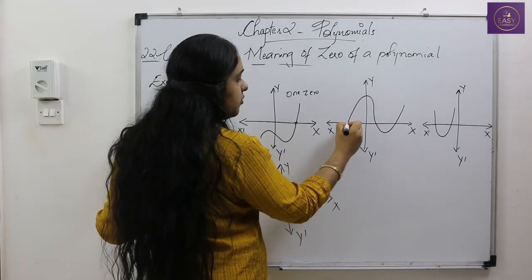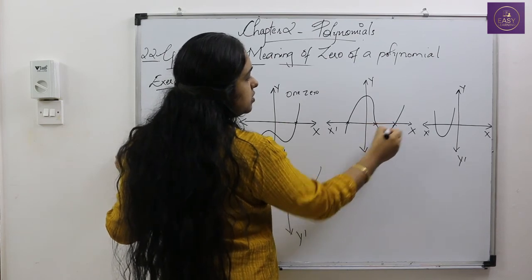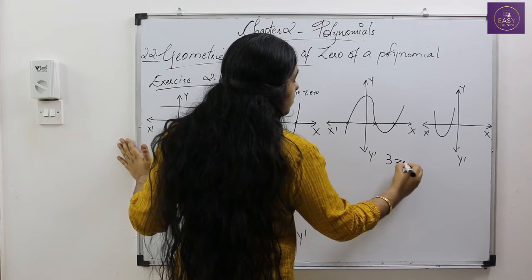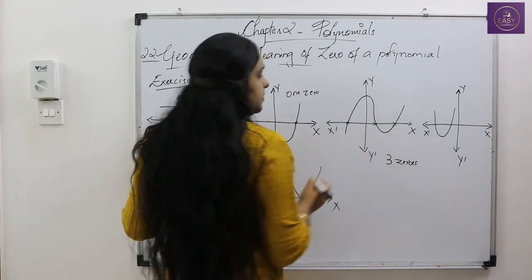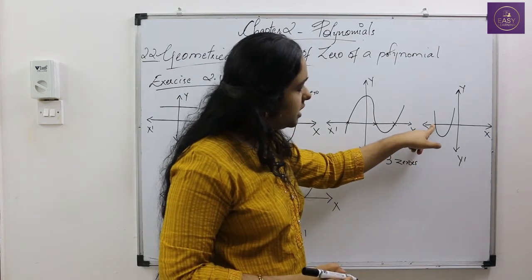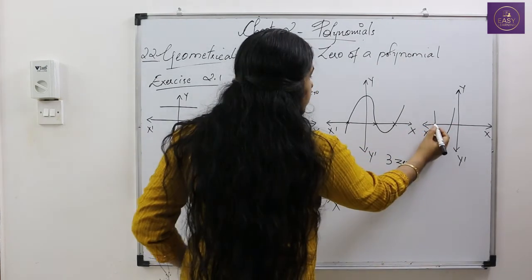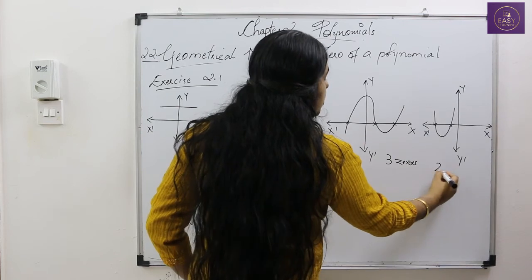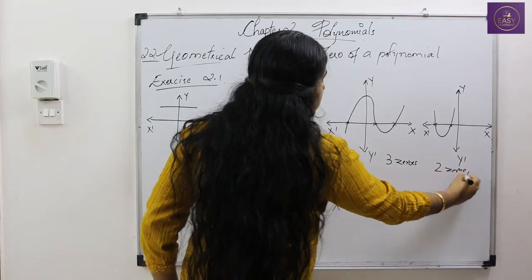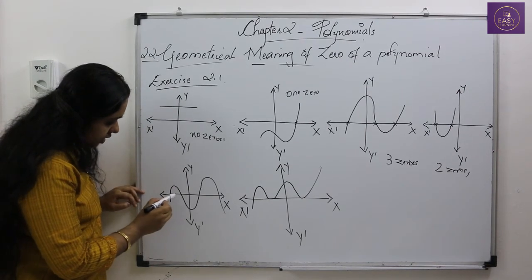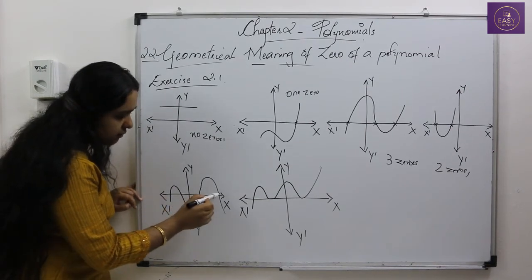What about this? How many points? 1, 2, 3. So how many zeros are there? 3 zeros of the polynomial are there. What about this? It cuts 2 times. 1, 2. So 2 zeros. Whereas this, it cuts 1, 2, 3, 4.